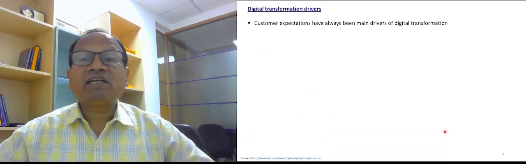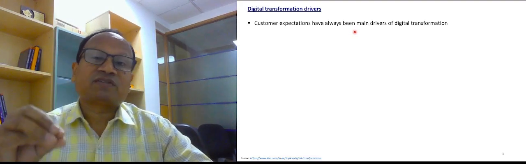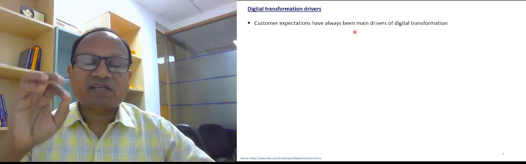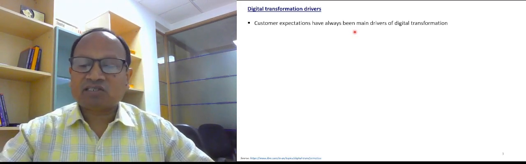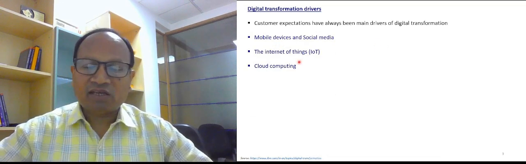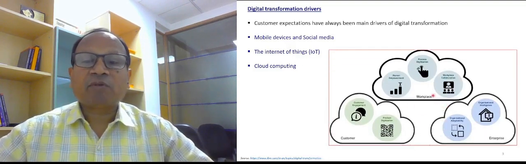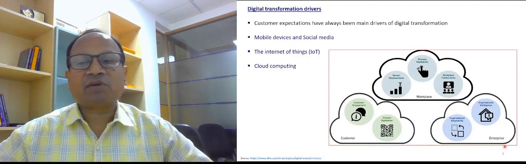So what are the drivers of digital transformation? Customer expectation has always been the main driving force. To meet customer expectations, the transformation uses mobile devices, social media, the Internet of Things, and cloud computing. You can see there are three things: workplace, customer, and enterprise.